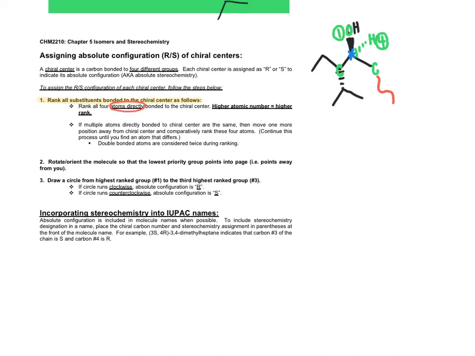So the carbon atom that we had here in green is directly bonded to 3 hydrogen atoms going away from the chiral center. So it's going to be bonded to H, H, and H because that's a CH3 group.